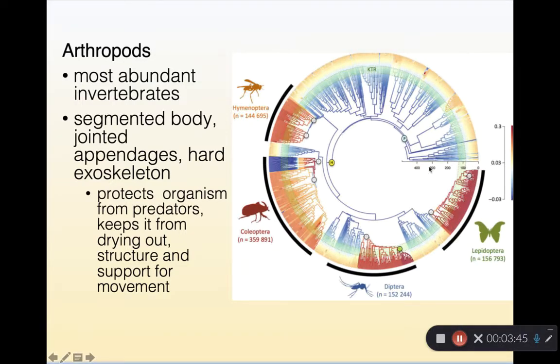And you can see here, this is basically looking at all of the different clades of arthropods and their relative species richness on Earth. So the more red an area is, the more species rich an individual clade is. And again, these include essentially all insects that live on Earth.